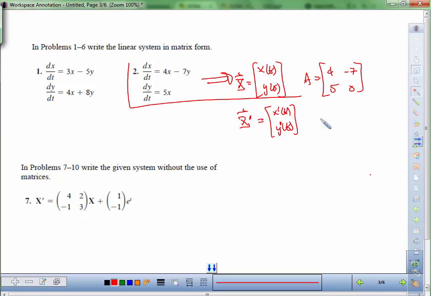And the idea there is that if we take A and apply it to the vector x, I guess maybe if I just call it a matrix, I can erase the arrow on top. Doesn't matter. 4, -7, 5, 0 is A, and apply it to the vector X.